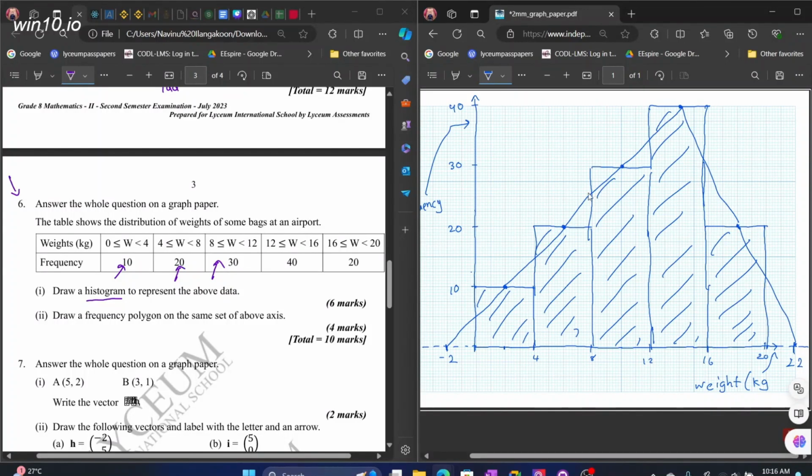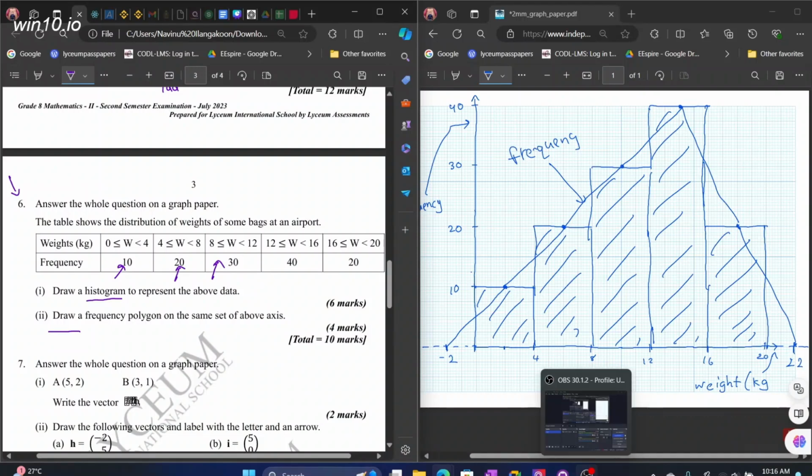So that's the frequency polygon. Now we have drawn the frequency polygon and the histogram.